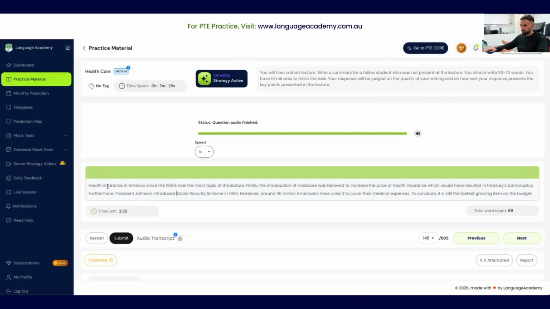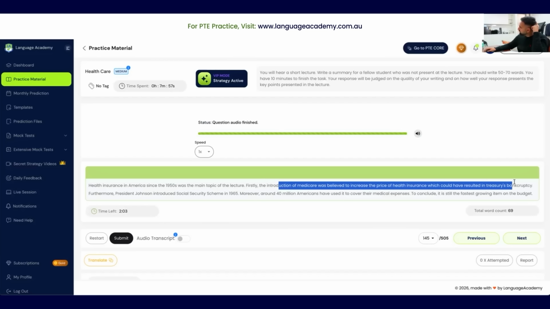Let's quickly proofread. Health insurance in America since the 1950s was the main topic of the lecture. Okay. Firstly, the introduction of Medicare was believed to increase the price of health insurance, which could have resulted... Now, this is a pretty long sentence.